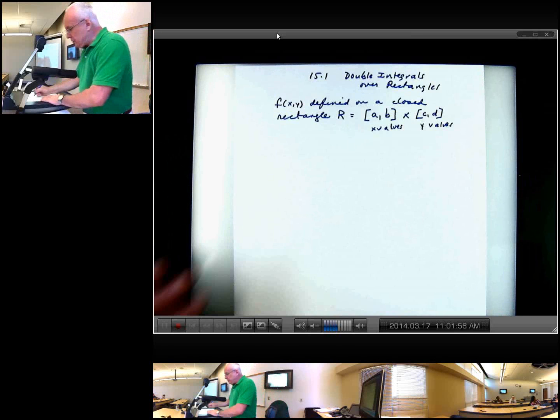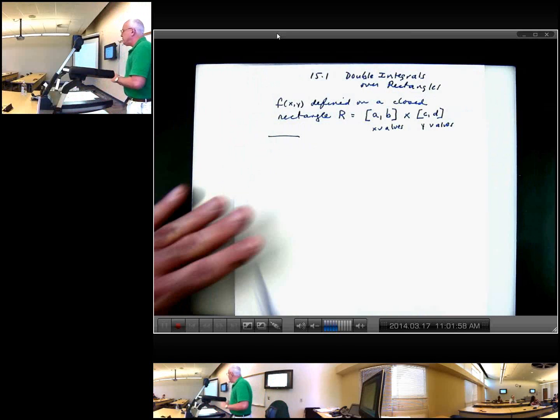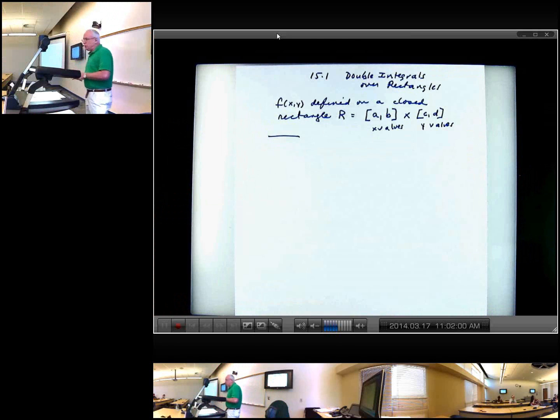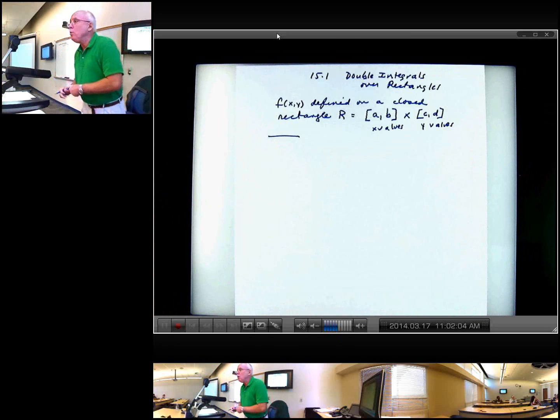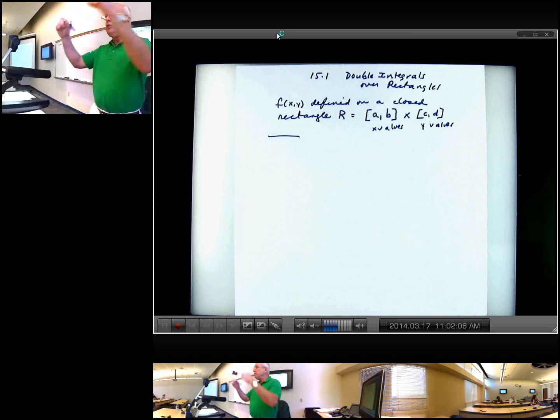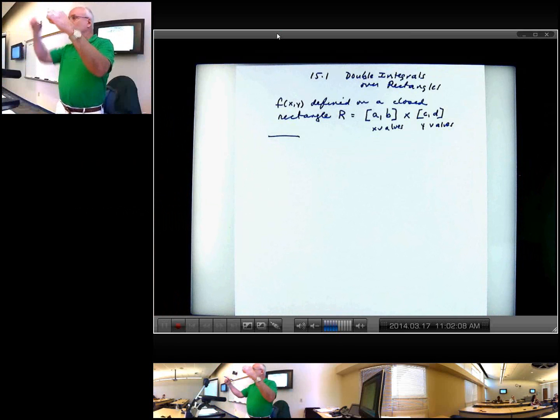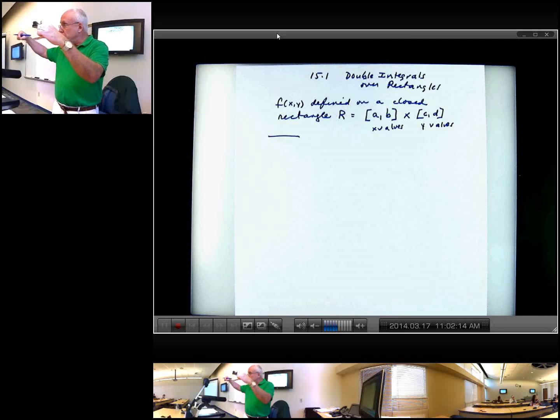Now, the process that's involved is similar to when you were first introduced to integrals in Calc 1, where remember you divide up an interval into smaller intervals, and then you pick a point on each of the smaller intervals. You get a value of your function.